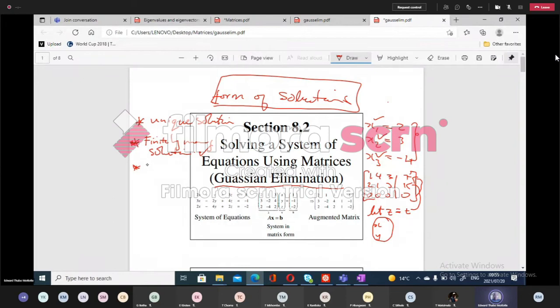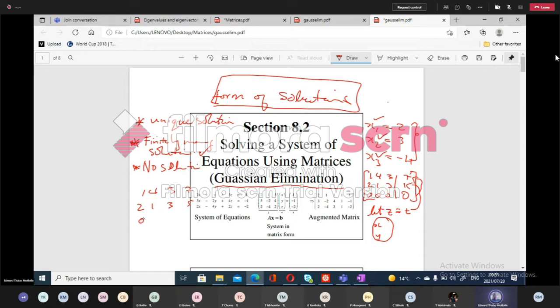And then the last one, you have no solution. No solution occurs when, let me just do it in detail again, it's going to confuse you. Let's say you have 1, 4, 3, 7. We have 2, 1, 3. And this one, let's say, is 5.